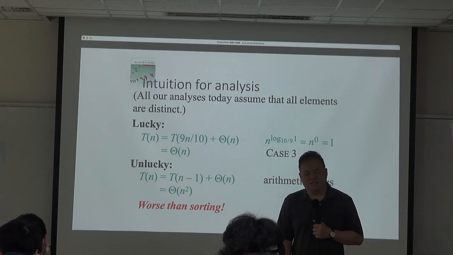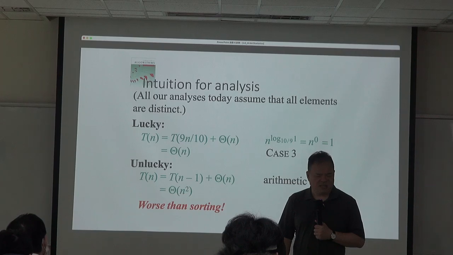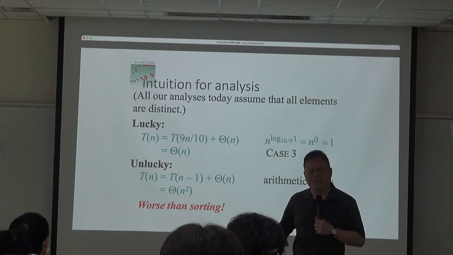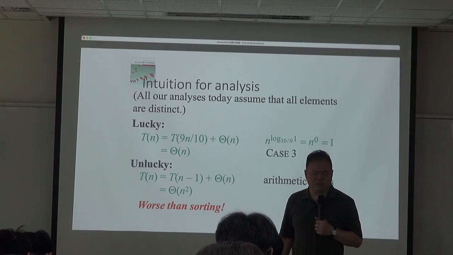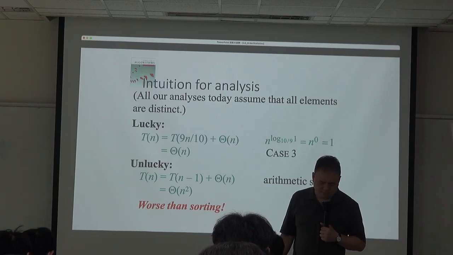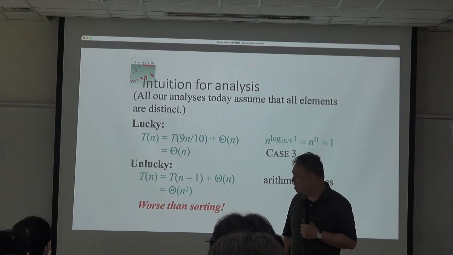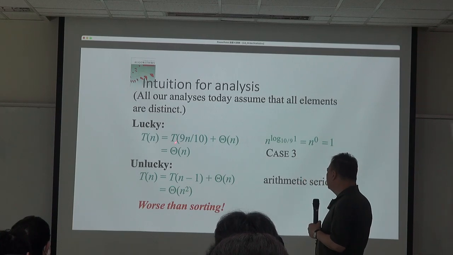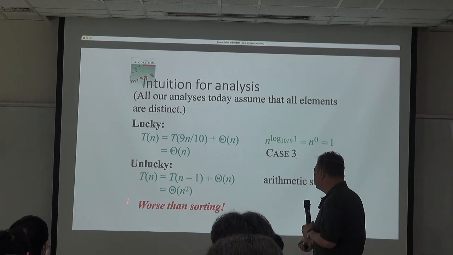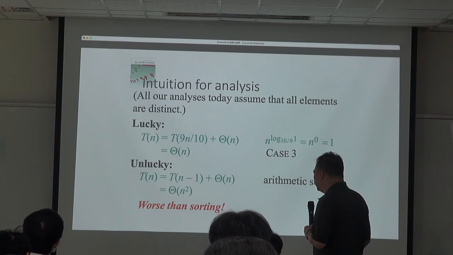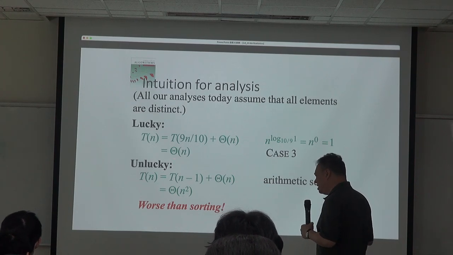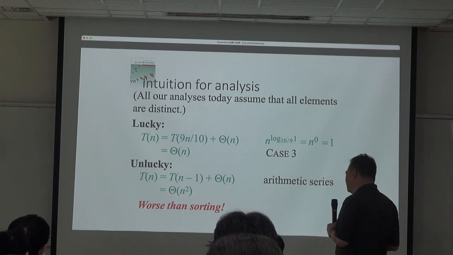That's worse than the naive approach, where you sort the numbers and then find the i-th smallest one by going to the index i. Of course, this is really, really unlucky. It's like every time you are only able to get rid of one pivot.